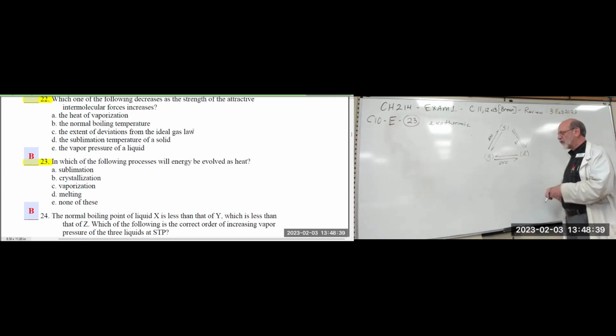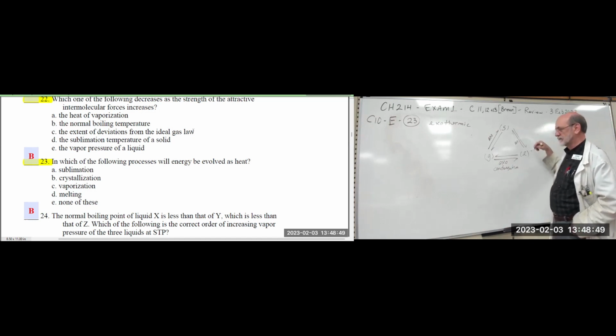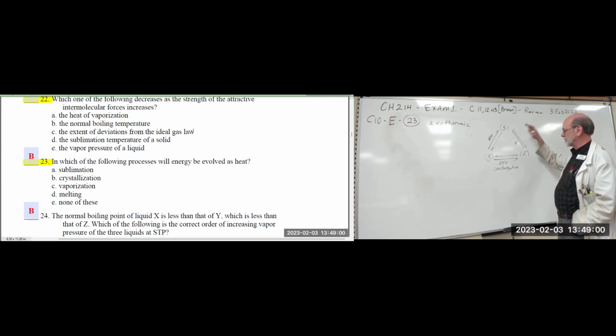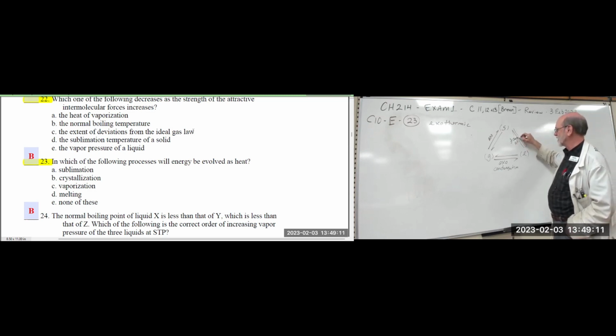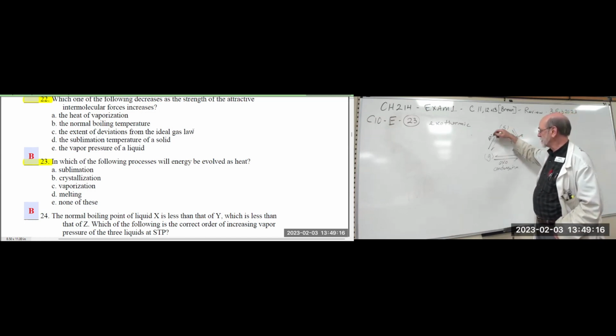So what are these called? Gas to liquid is condensation, right? How about liquid to solid? Solid to liquid is melting, and this is freezing. And gas to solid is deposition.